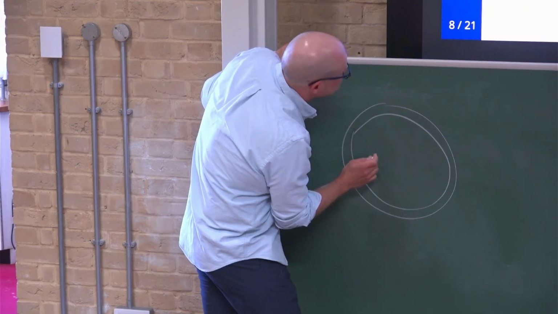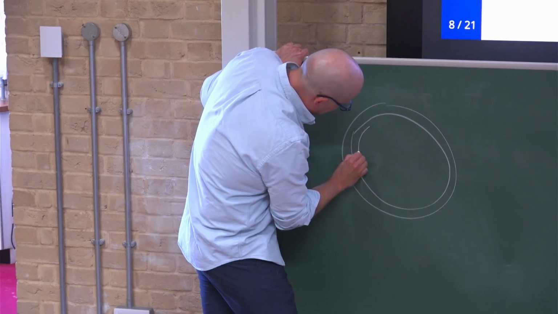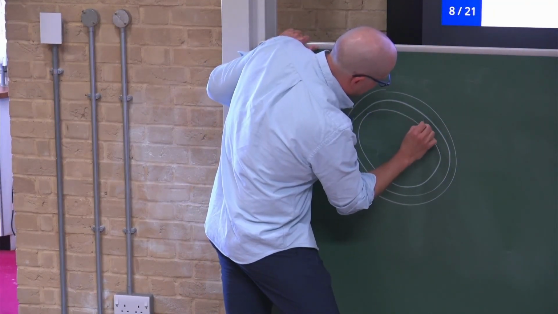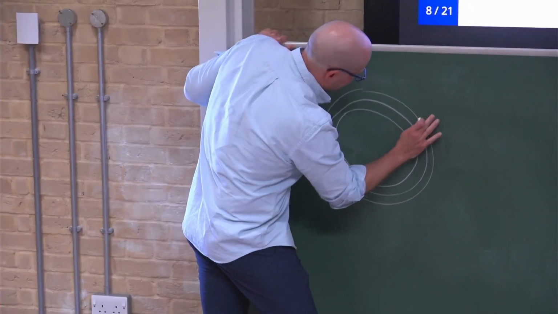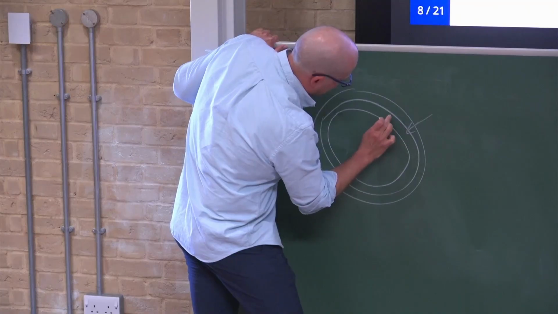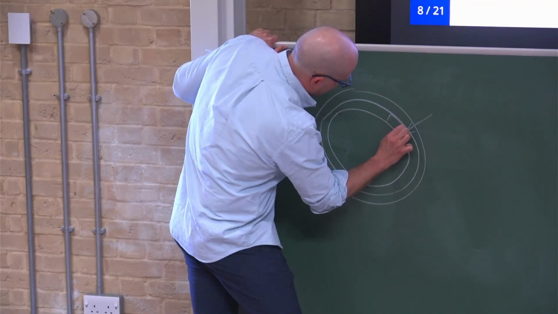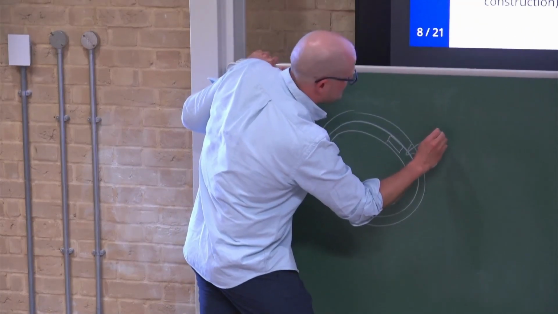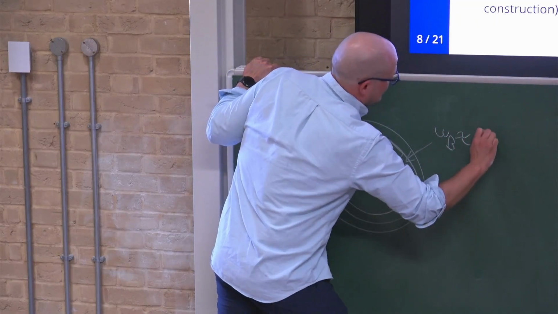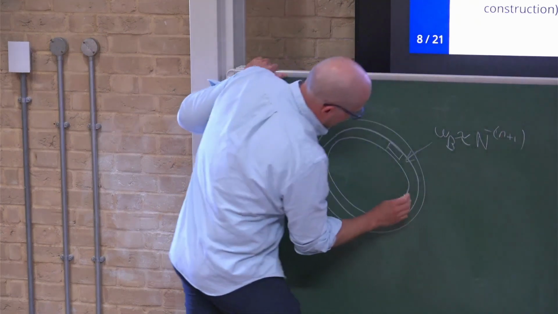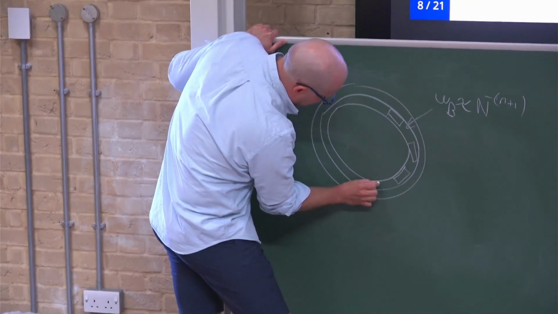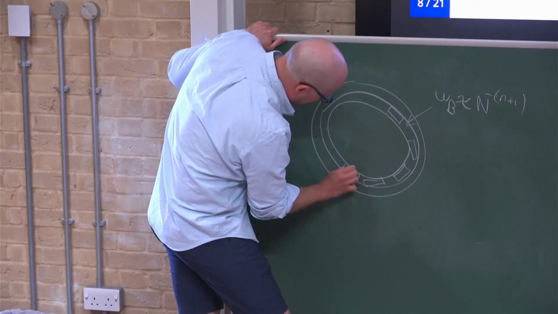It's hard to draw because these annuli should be thin. You put thin boxes here, in a level set where the weight function behaves like n to the minus n plus 1, and then you put n such thin boxes around here. This is a standard technique.